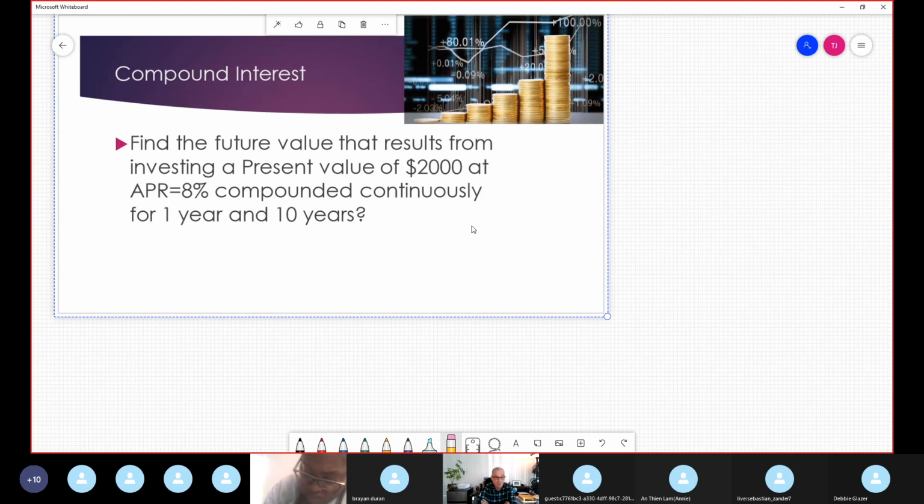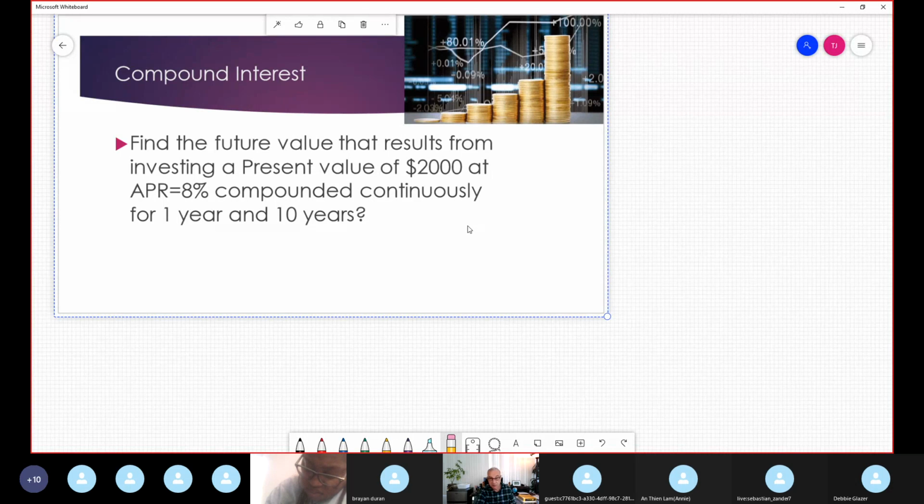Find the future value that represents investing the present value of $2,000 at an annual percentage rate of 8% compounded continuously, for 1 year and 10 years.